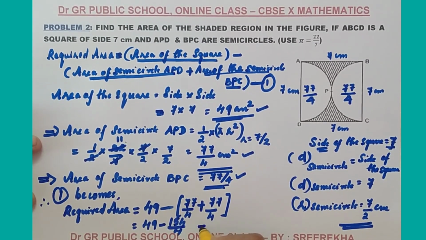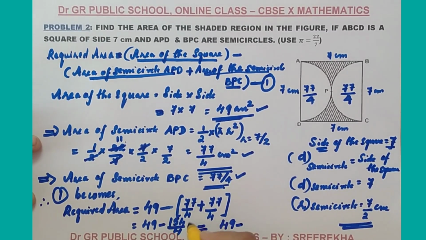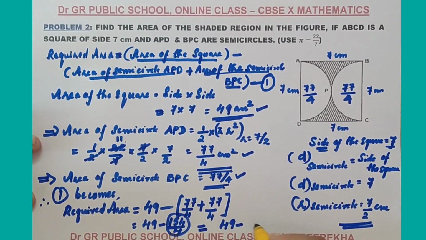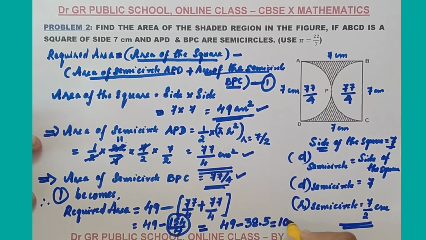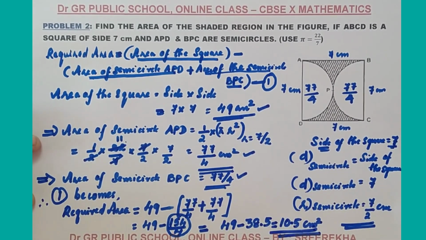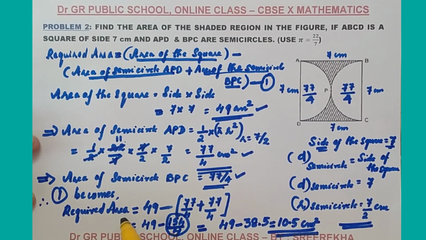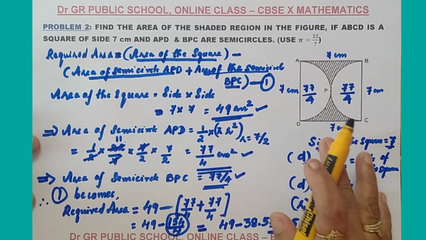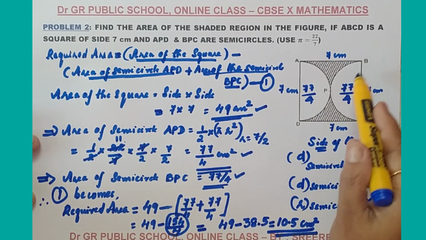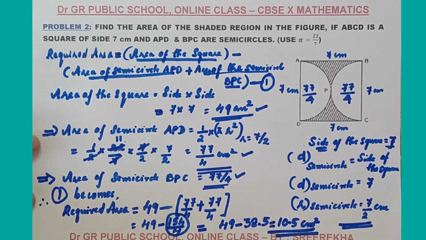So it equals 49 minus 154 by 4, which is 38.5. Subtracting, you will get the answer as 10.5 centimeter square, the final answer. So the calculation is very simple. Required area means from the full area of the square, you need to subtract these two semicircular areas alone.